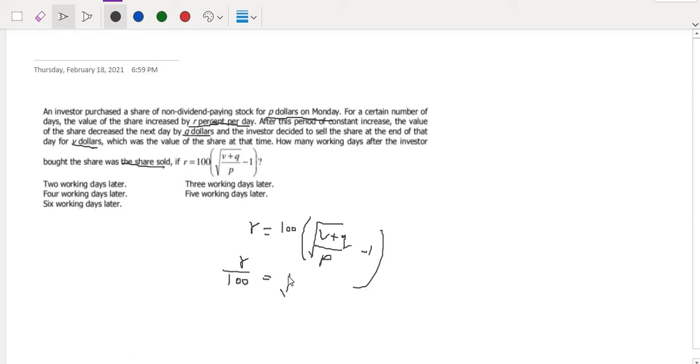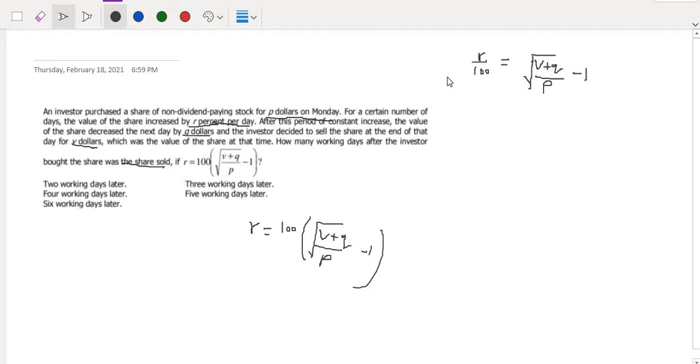So R, I can write R as R by 100. Let me correct my alignment here. Let me start from here. So R is equal to R by 100, right? So this becomes R by 100 is equal to the square root of V plus Q divided by P, and then minus 1.